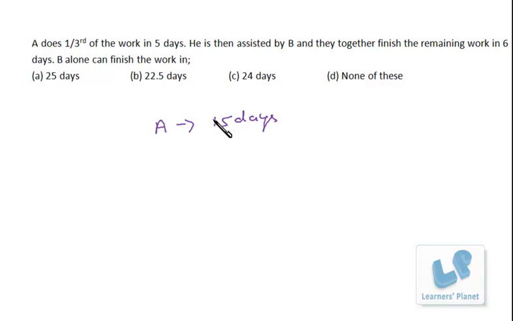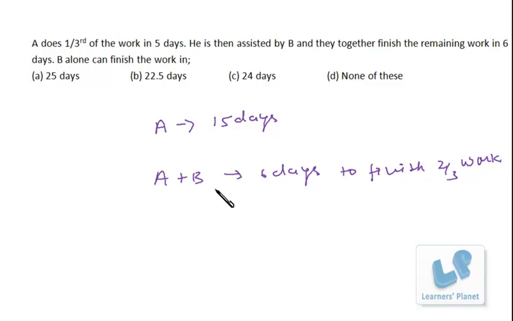Now for B, he's then assisted by B and together they finish the remaining work in 6 days. That means A plus B are taking 6 days to finish 2/3 of the work.